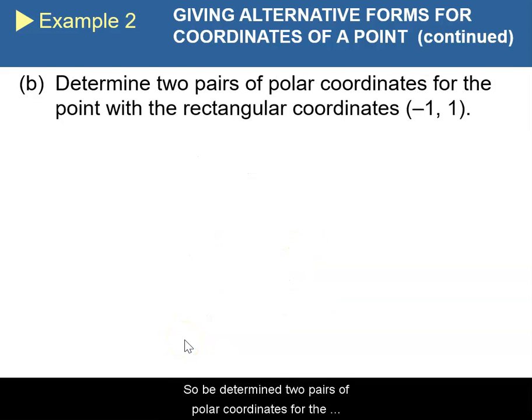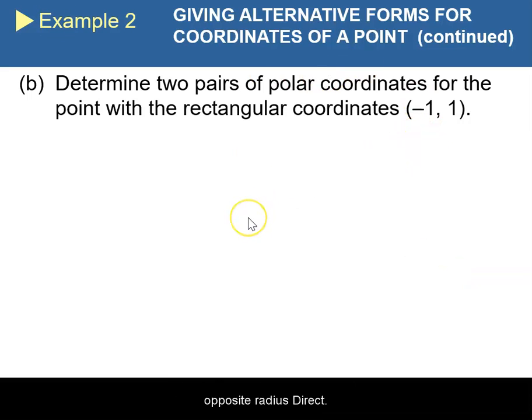Okay. So B: determine 2 pairs of polar coordinates for the point with the rectangular coordinates of (negative 1, 1). The easiest thing to do is find the first polar coordinate that we've been doing before, and then the second would be to do the same thing, but either adding 360 to the angle or finding an equivalent angle and then going in the opposite radius direction, right?